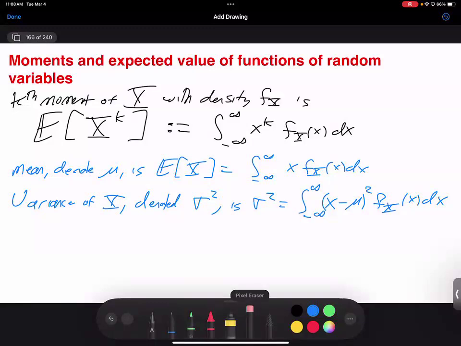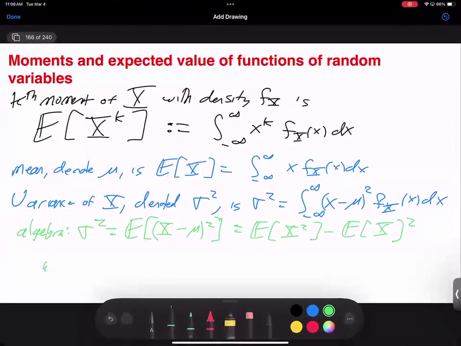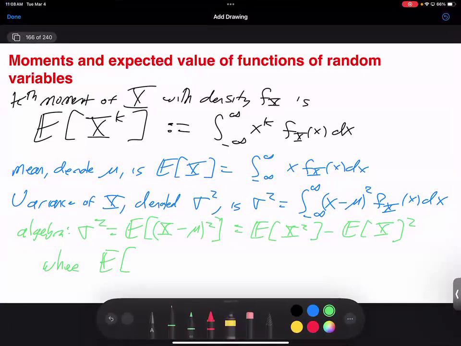It turns out if you do some algebra, you can show that sigma squared, the expected value of (x minus mu) squared, is the same as the expected value of x squared minus the square of the expected value of x, where the expected value of g of x is defined to just be the integral from minus infinity to infinity of g of x times the density dx.